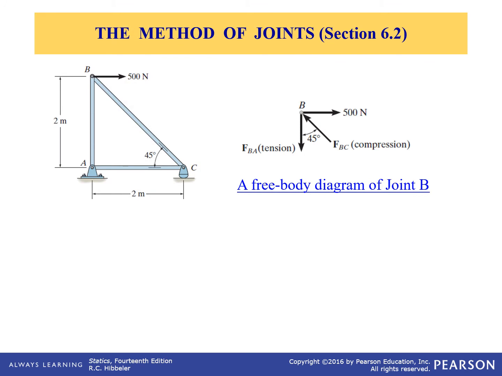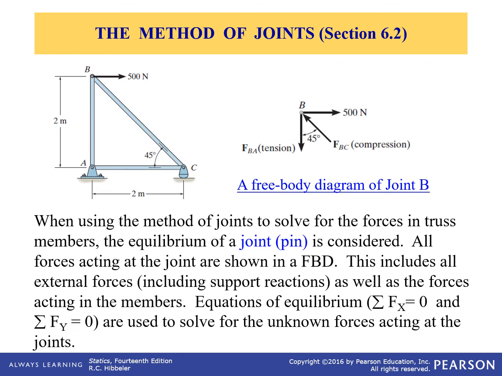So there are two different ways that we can do an analysis on a truss. And one of them is method of joints. It's the first part of chapter 6. And then the other is method of sections, which is the next part of chapter 6. So if you are given a problem where you are asked to find, well, first off, if you're asked to use the method of joints, then you know which one to use.